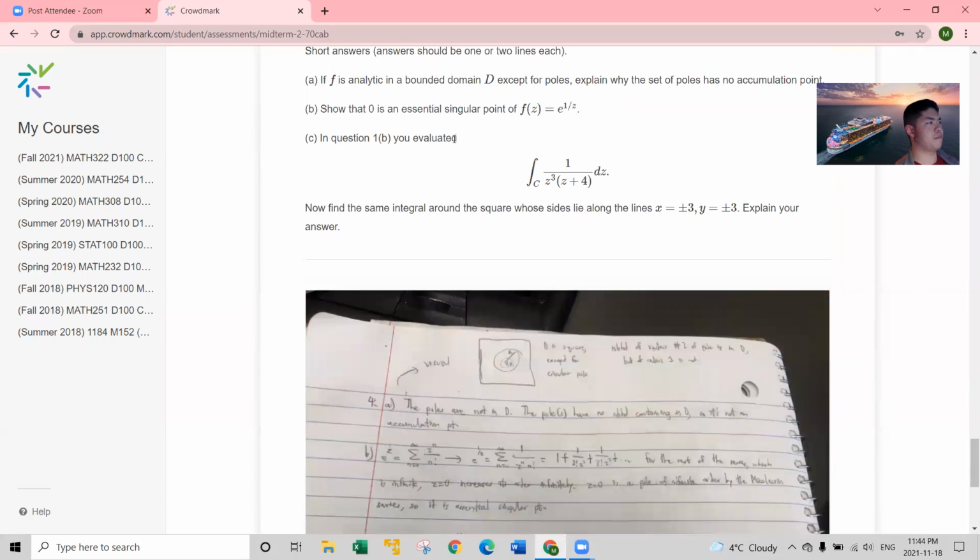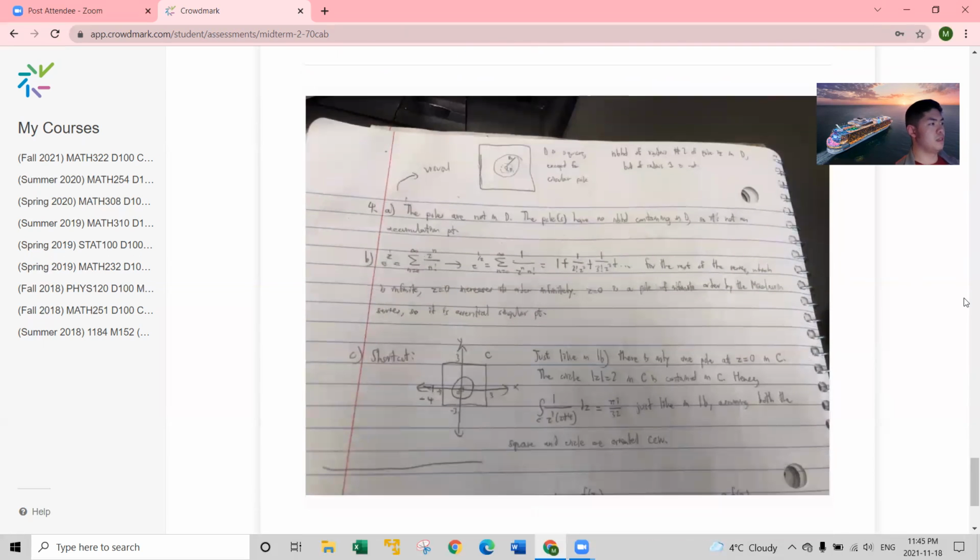Part C. We evaluated this integral in question 1b. It's still pi i over 32. Let me explain why. You don't have to evaluate this integral again. You can do a shortcut. The original question in 1b had the circle of radius 2. Now you're evaluating it around a square bounded by x equals plus or minus 3 and y equals plus or minus 3.